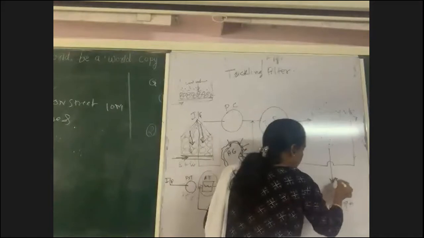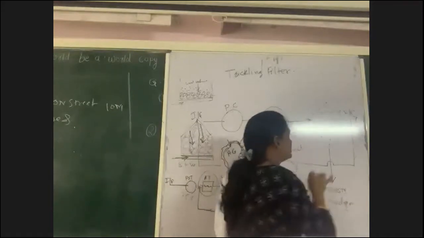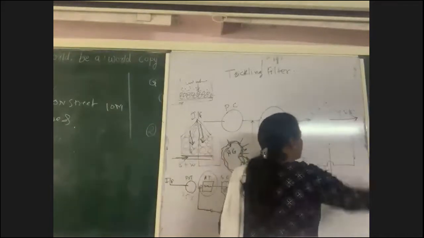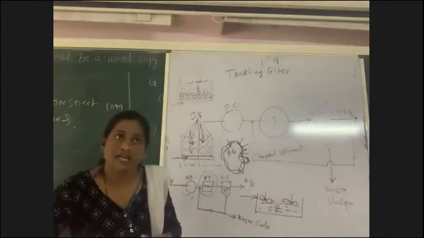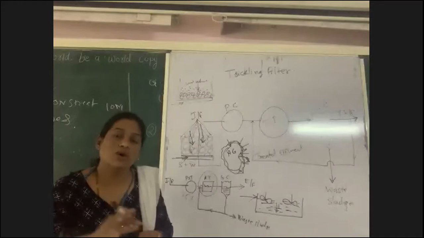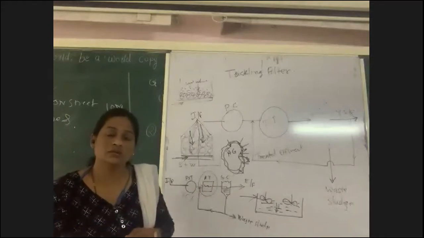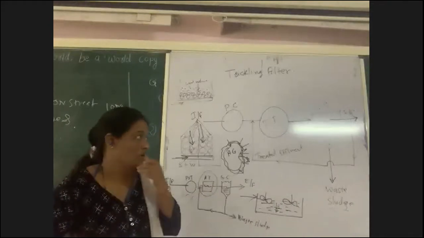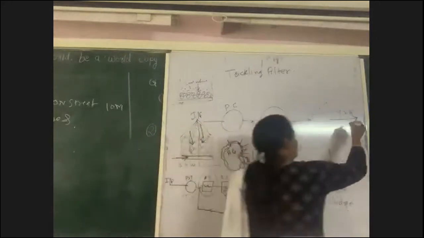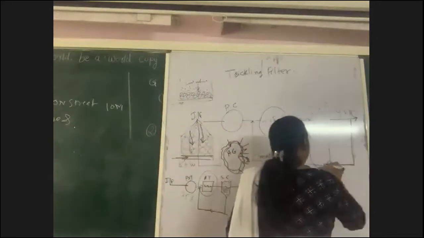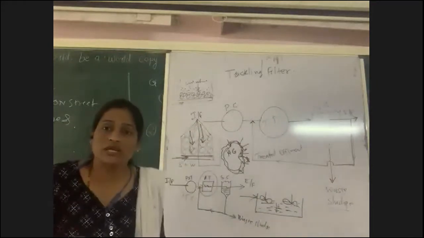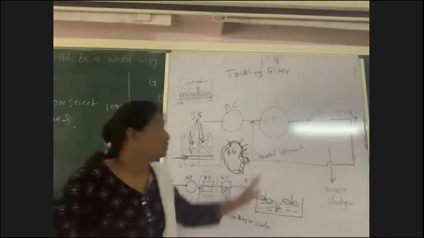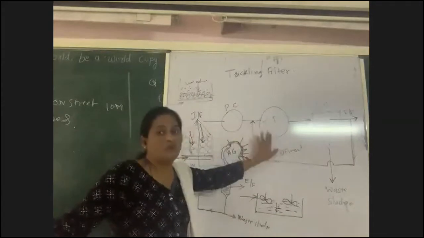This you can remove as waste sludge, and the supernatant liquid you can remove and send for aeration purpose, agricultural purpose, or you can deposit it into a nearby water body. But part of that liquid we are recirculating to dilute the incoming water. Why are we recirculating treated effluent here? To dilute the incoming water.